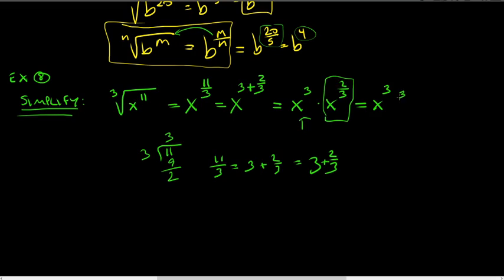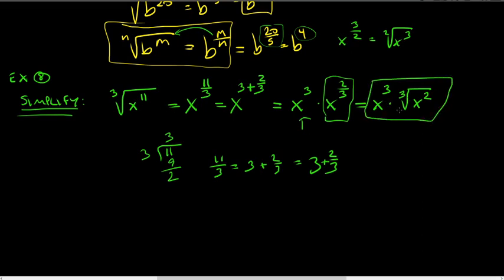So that means this is the cube root of x to the 2, not the square root of x to the 3. Don't get those mixed up here. But this is now a radical, so this is good. That's the answer.